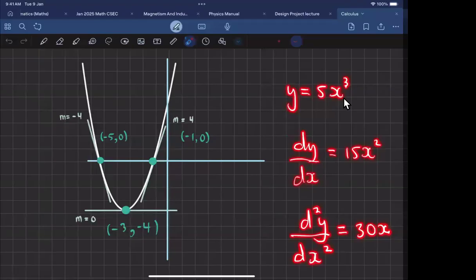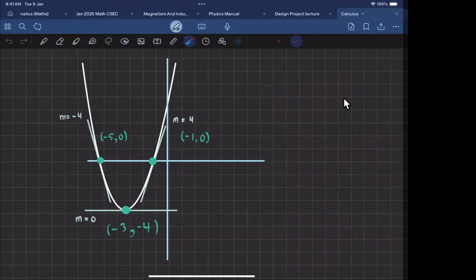So let me tell you something. If you want to figure out the nature of a quadratic, you look at the coefficient of x squared. It's the same kind of thing. For d2y/dx squared, you plug the x value of your turning point, which over here is -3, into d2y/dx squared. If that value is more than 0, it's the same as with the coefficient: if the coefficient is positive, it's a minimum.